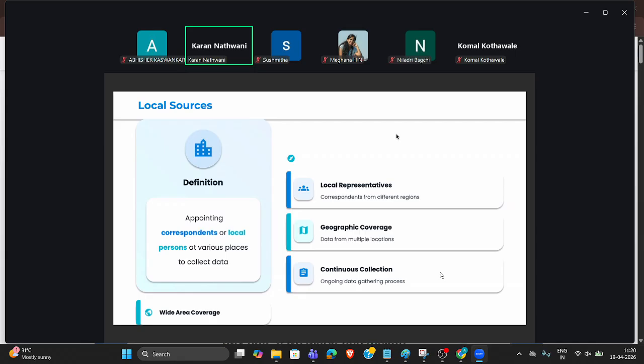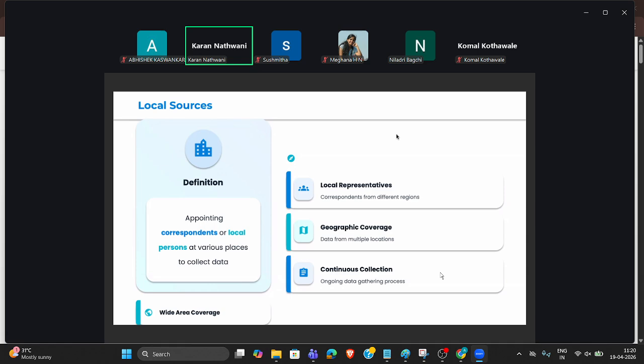Local sources now. Local sources means you will appoint certain correspondents or local persons at various places. This is exactly the kind of thing in an NGO.